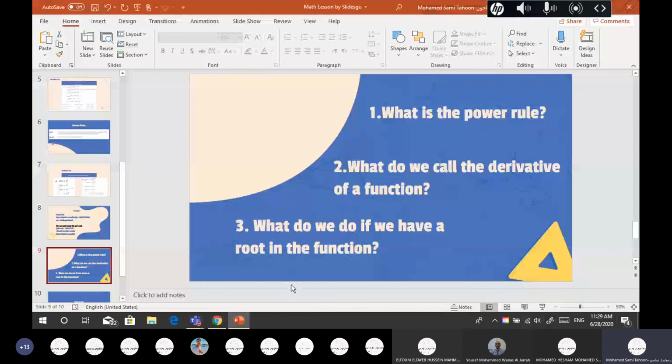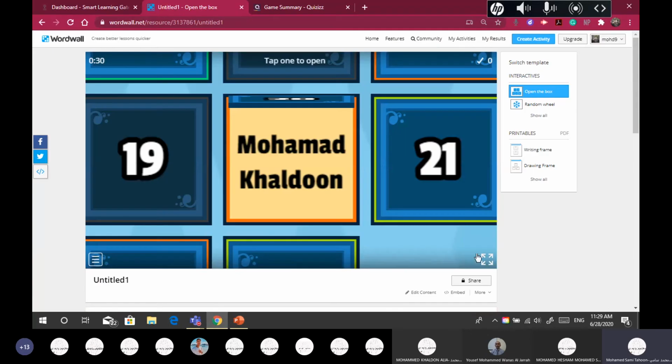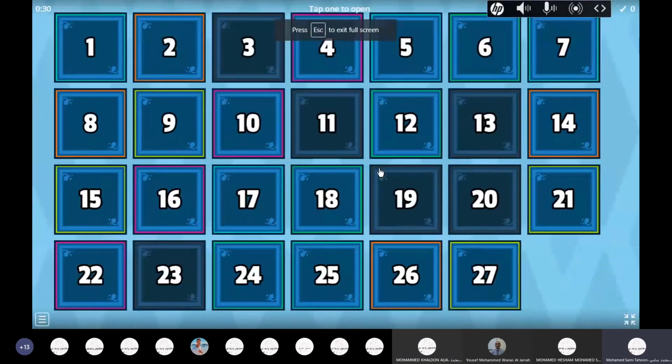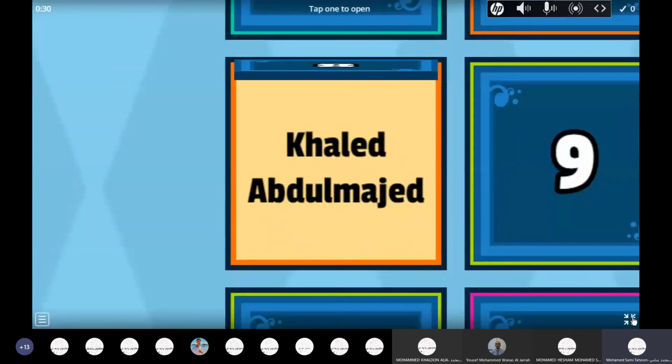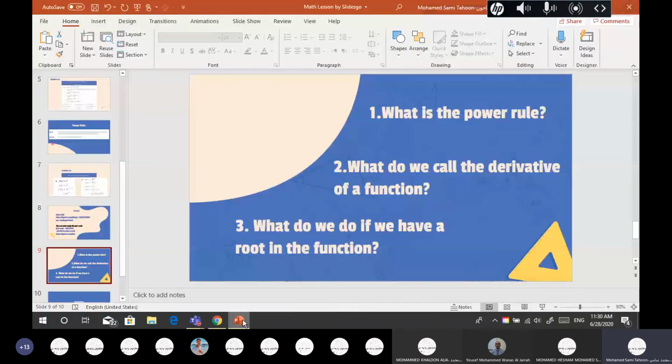Yes. The power rule is f prime of x equals nx to the power n minus 1. Okay. Thank you, Khaldoon. Can you pick the next number? Number 8. Khalid Abdel Majid, can you answer the second question, please? Yes, of course. We call the derivative of the function f prime of x.